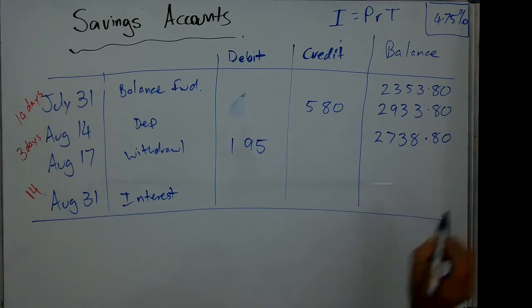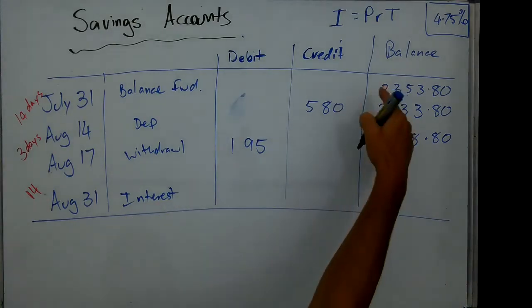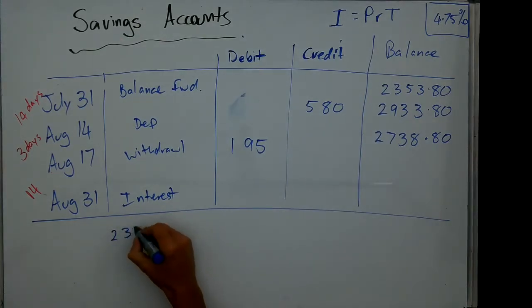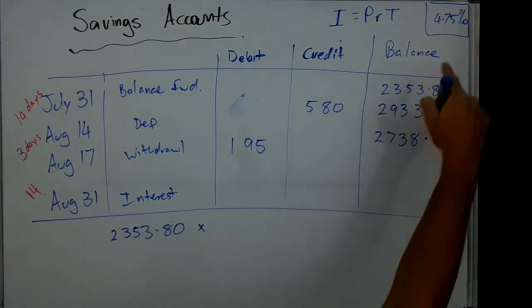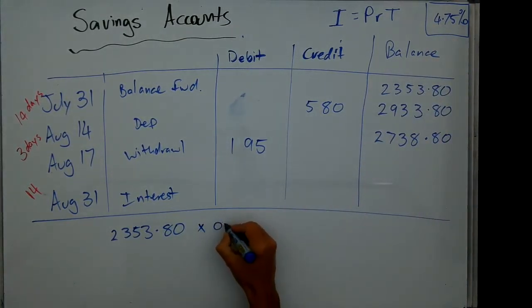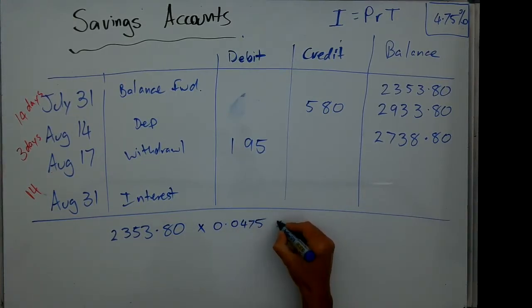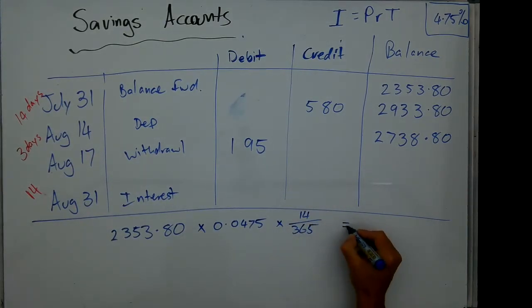Okay, so our calculation for this first balance, $2,353.80 multiplied by the rate as a decimal, multiplied by 14 days out of 365.